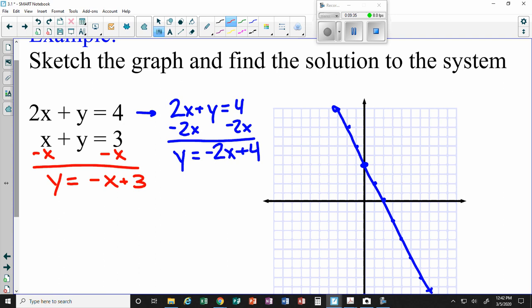All right, Melanie, what do we do next? How do I start graphing that then? Positive 3 on the y-axis. Okay. What do I do after that? Dula, what do I do now?